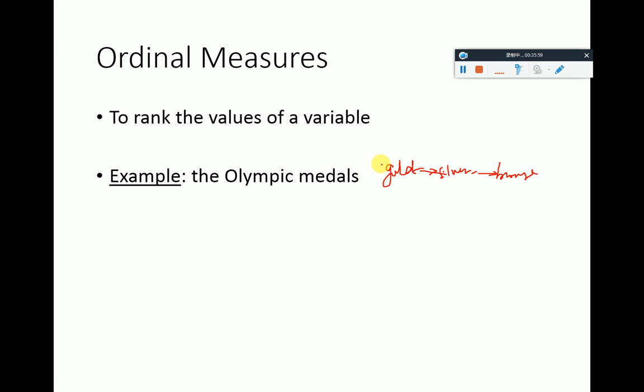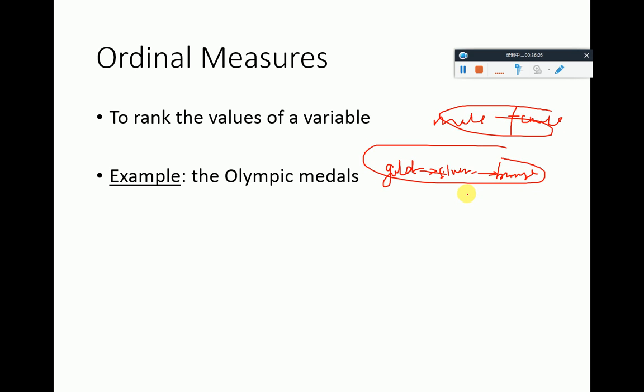But what makes this nominal measure system actually an ordinal measure or ordinal scale is exactly that they have ranking, right? Compare this gold, silver, bronze with male, female. These two systems are similar in the sense that they're both categories, right? Male is a category, silver is a category, gold medal is a category, female is a category.